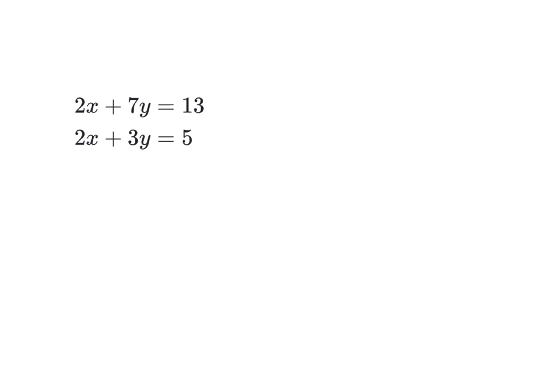So we are actually going to multiply one of the equations by a negative so that we can create opposites and add. So what I'm going to do is say I'm going to multiply this whole thing by negative 1. So we're going to multiply the 2x by negative 1, the 3y by negative 1, and the 5 by negative 1.